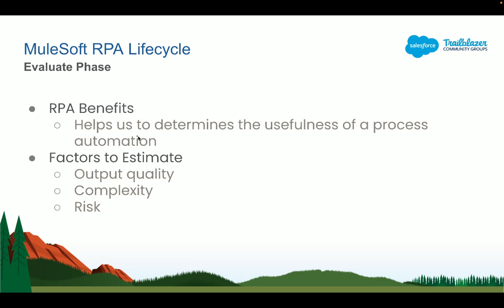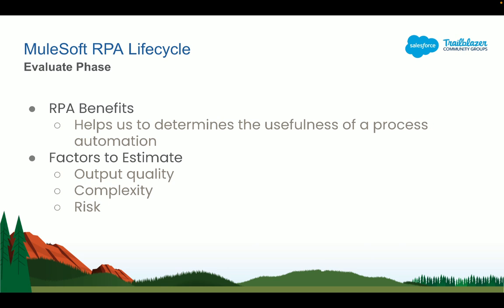The second criteria is about your RPA benefits. It helps us to determine the usefulness of a process automation. The factors to estimate would be your output quality, complexity, and risk. This basically defines the benefits that you will be yielding from your MuleSoft RPA.